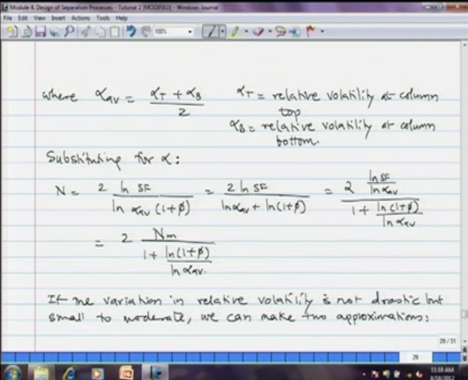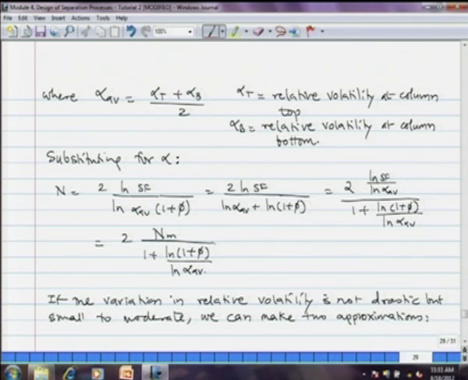So, N, the total number of theoretical plates, becomes equal to 2 into ln SF divided by ln of alpha AV into 1 plus phi. That we expand as 2 ln SF divided by ln alpha AV plus ln 1 plus phi, and then we divide the numerator and denominator by ln alpha AV.